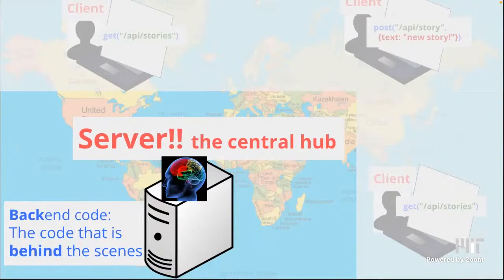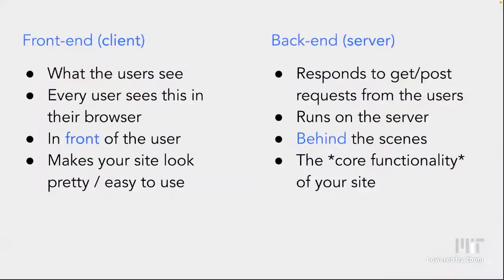And then it sends over things to the clients whenever they request things. So a way you can remember it is the backend code is behind the scenes. You don't see it. And the front end code is in front of you. So, a quick little summary of front end versus back end.